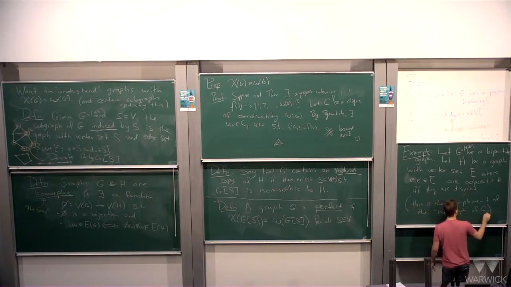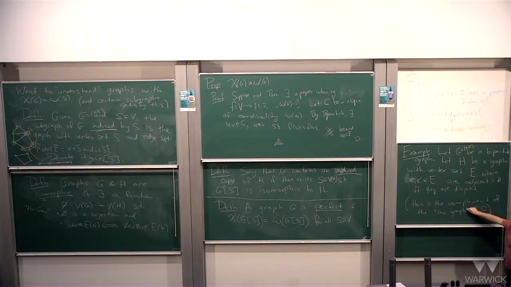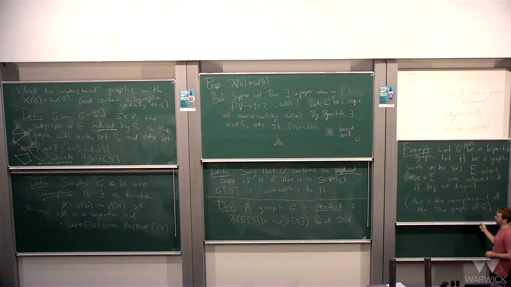of G. Okay, I don't think you technically need to know this terminology of line graph yet, but when we use it, we'll need it. Well, I'll give you the definition.